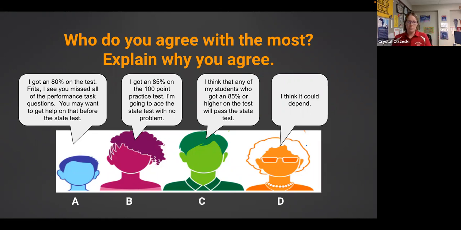If that's what the state test is assessing, getting an 80% can lead to misconceptions for the student and the teacher, thinking the student is good to go or not. So you want to think about your assessments: what is it assessing? What should it be assessing? Is it assessing what you really want it to be assessing? When we get that score at the end, what does that score actually mean?